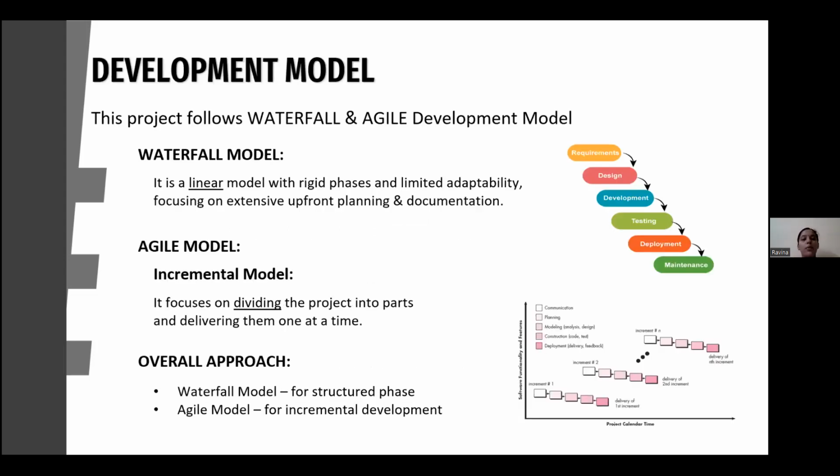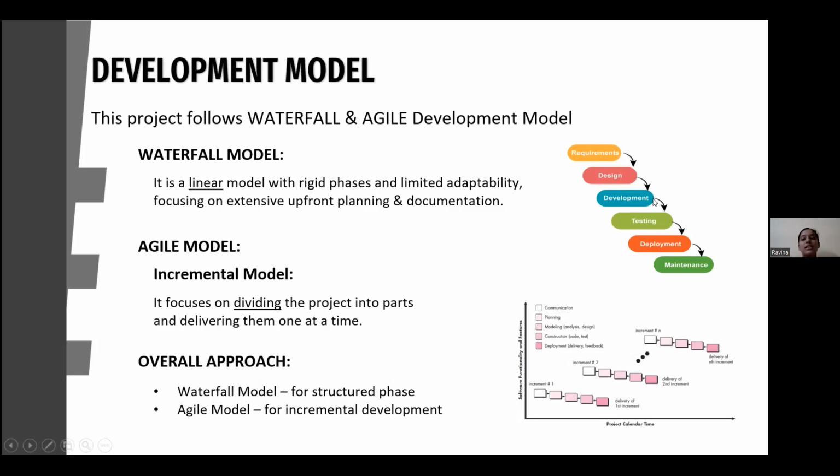Development model. The project follows the waterfall and agile development models. It's kind of a hybrid model. Waterfall is a linear model, and the picture shows how the flow goes. First, we gather the requirements from the customer, then we design an outline, then we develop the project.